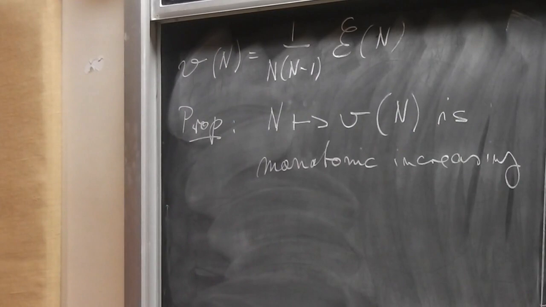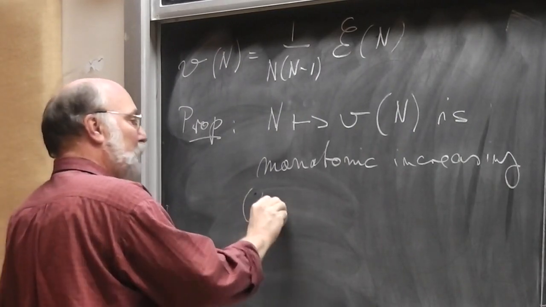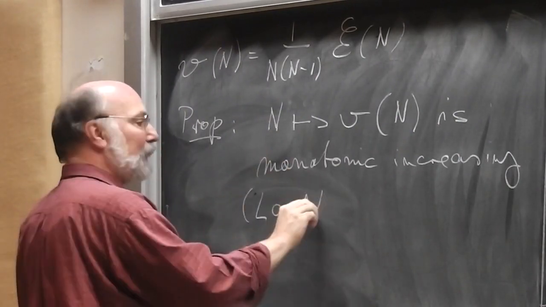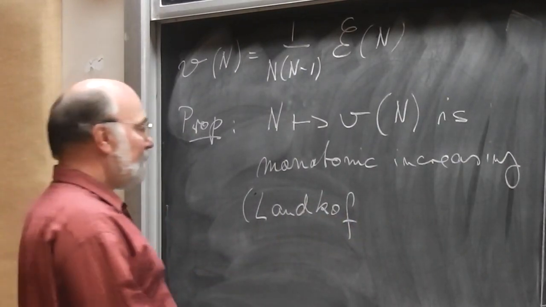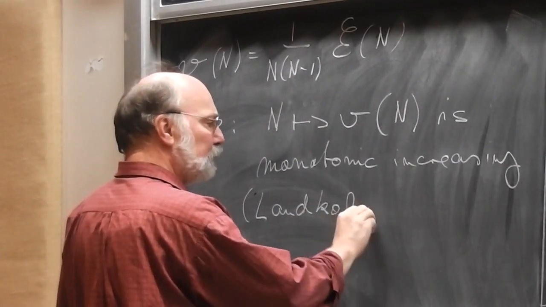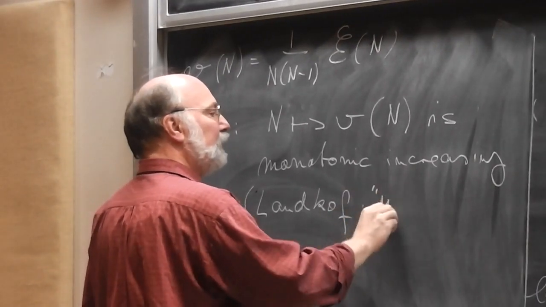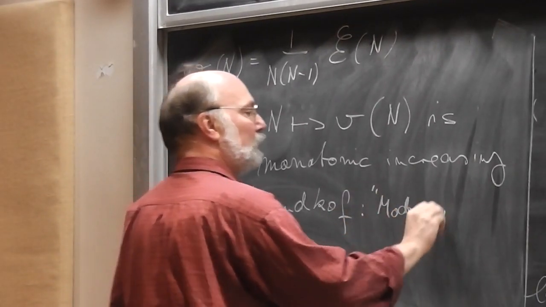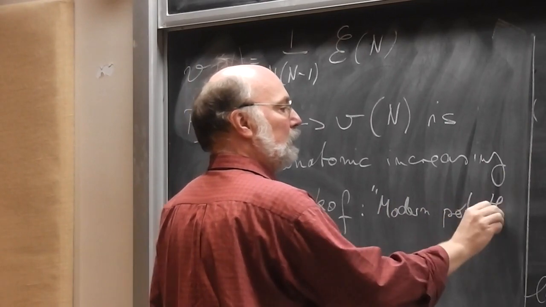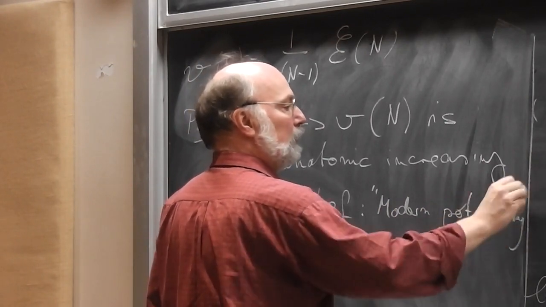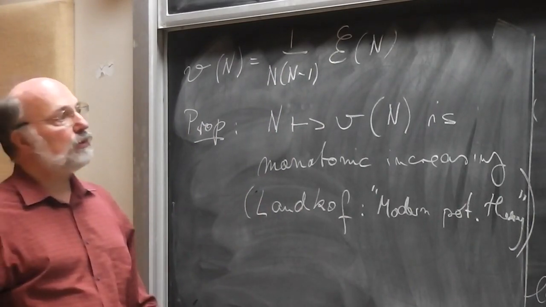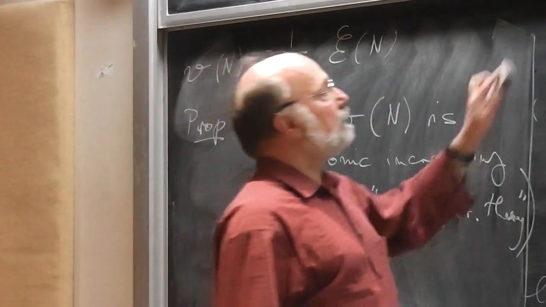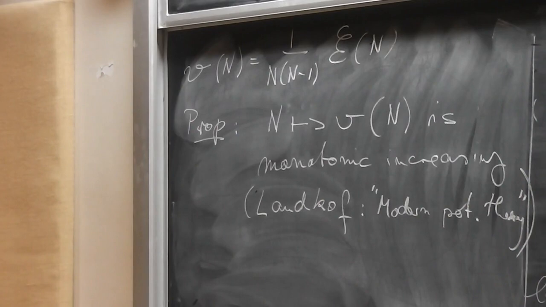Okay, so this was actually shown by, at least by Lankov. That's what I learned from at SAF. And the book is Modern Potential Theory. Okay, but it's also very easy to show.